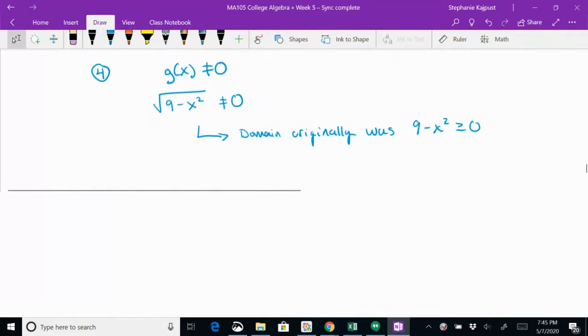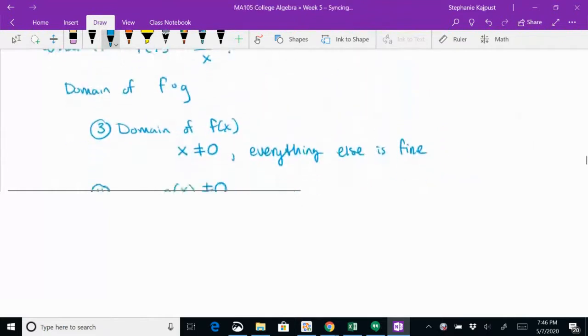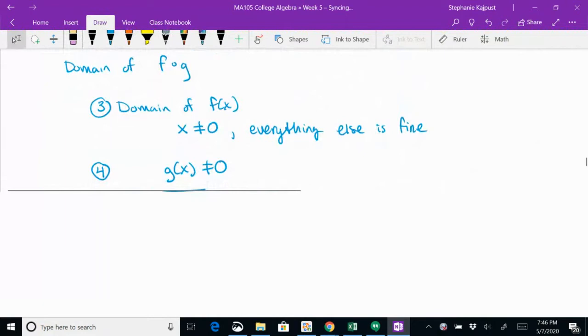But we can't have this equal to 0 because the square root of 0 is 0. So now we have 9 minus x squared greater than 0. So we're not allowed to include 0 here because 0 gives us a problem when we then plug into f of x.